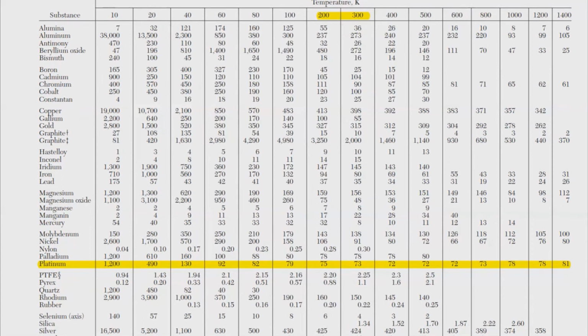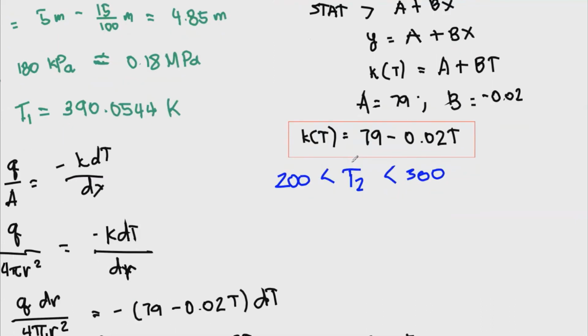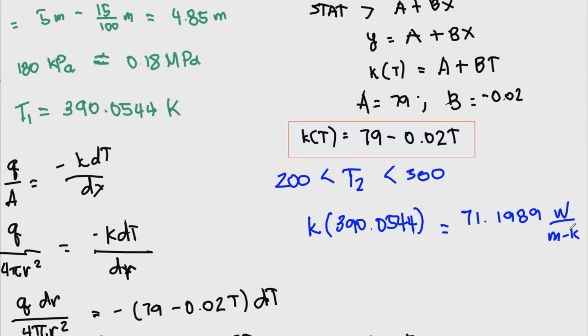And if we will be using this function, for example, try natin na hanapin yung K at 390.0544. So I'll just be using my calculator to solve for this one, and the answer would be equal to 71.1989 watt per meter Kelvin.